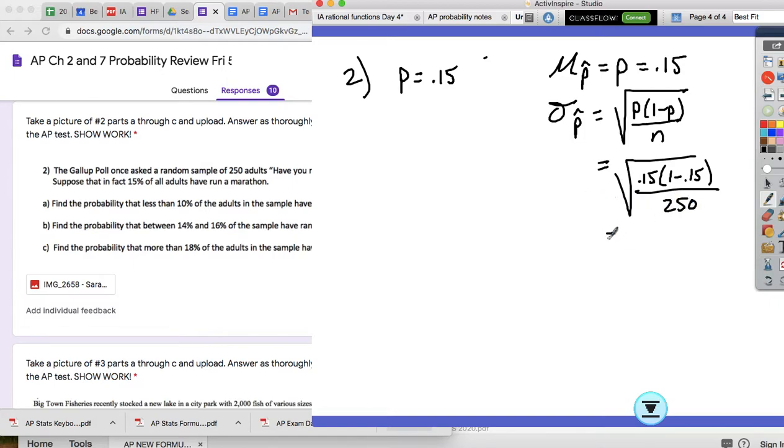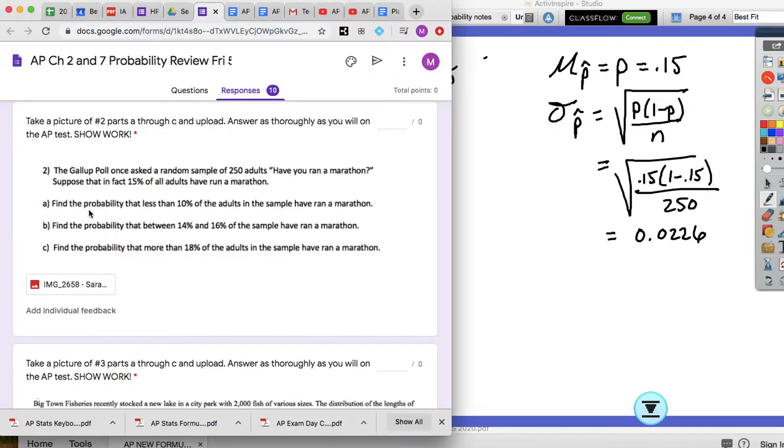So when you type that in your calculator, we are going to get 0.0226. Keep that in mind. We're trying to find the probability that less than 10% of the adults in the sample have ran a marathon.